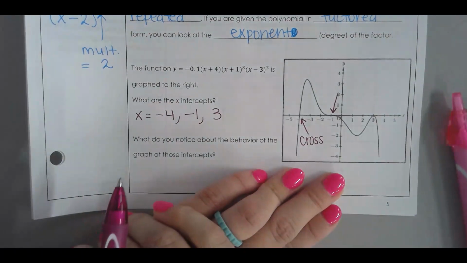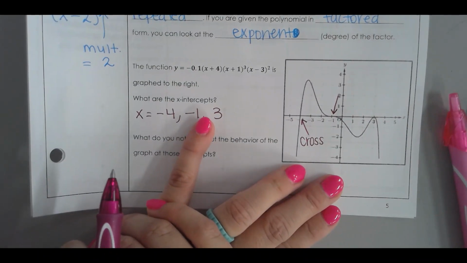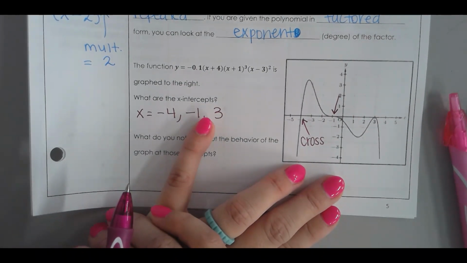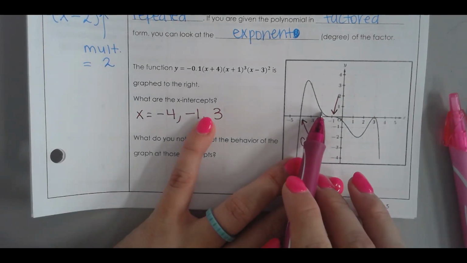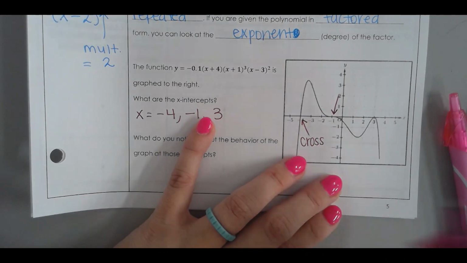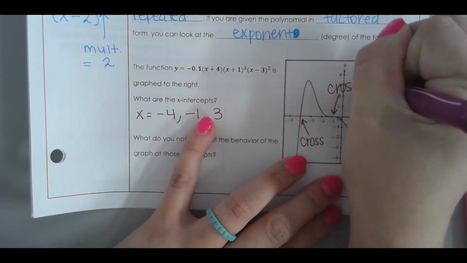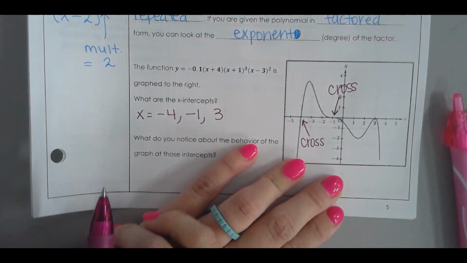Now at x equals -1, it still crosses through because it started out above, but it kind of goes sideways a little bit. But we would still say that it crosses through.